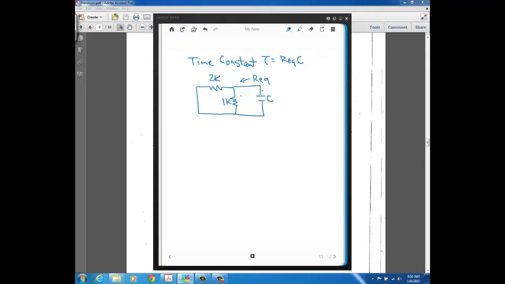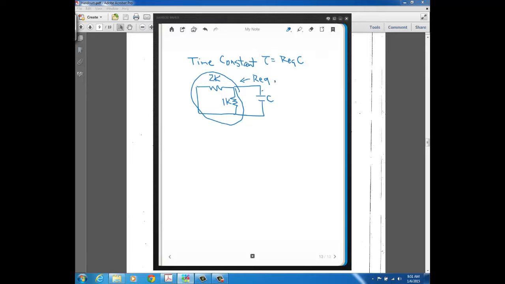Okay, and from the perspective of the capacitor, these two resistors are in parallel. If you were just to imagine a current flowing from the capacitor into this combination of these two resistors, well, once that current got inside this circle where the resistors are, it would have 2 paths to flow. And anytime you've got more than one path for current to flow through elements, that's a parallel combination.